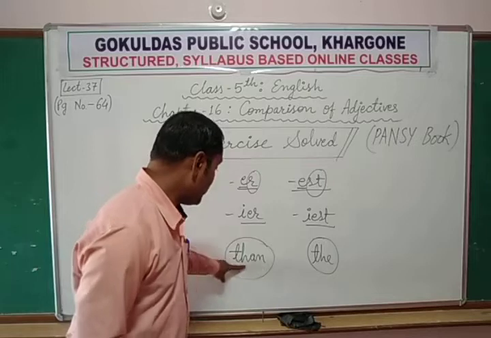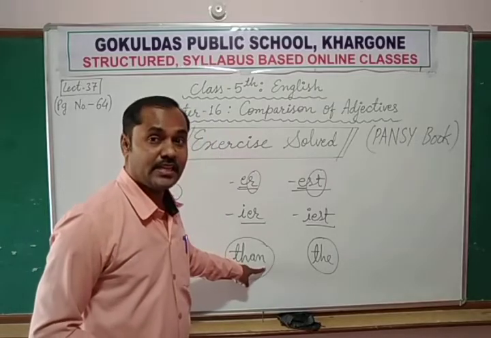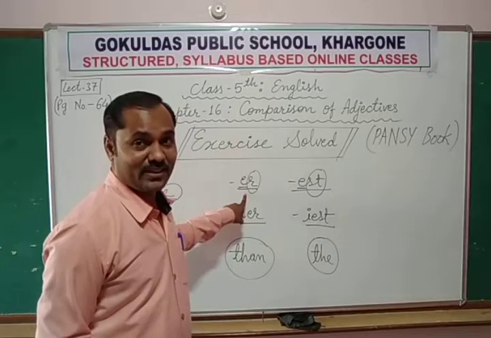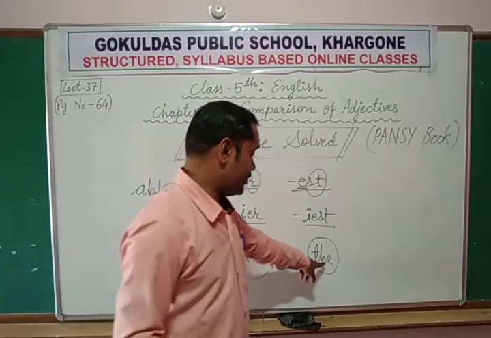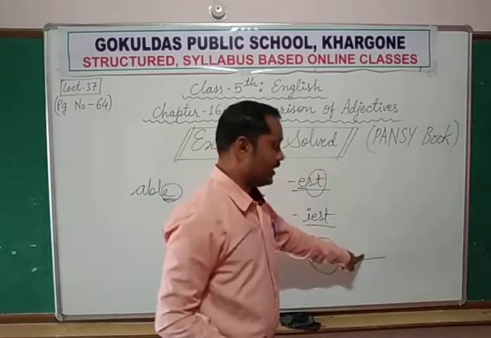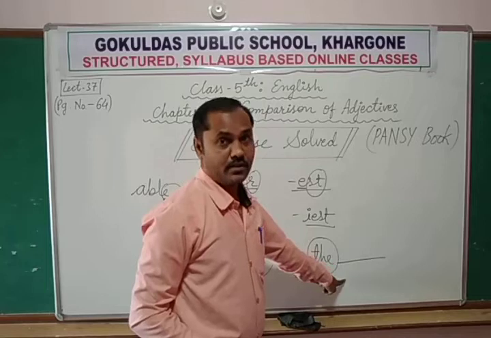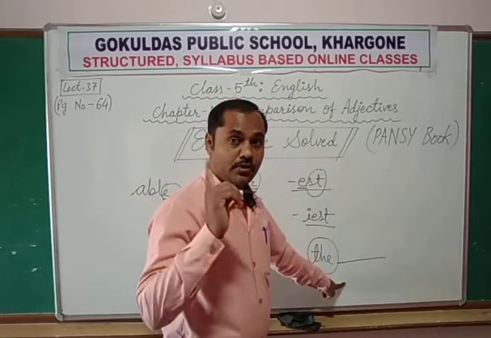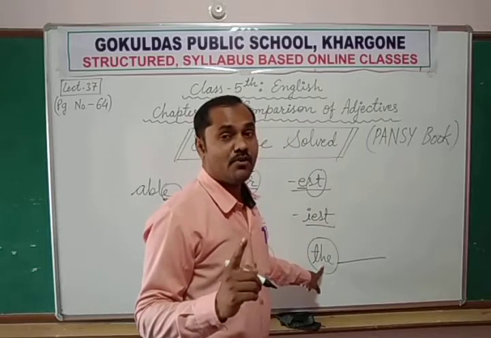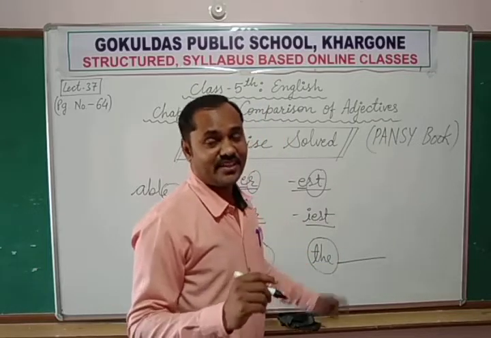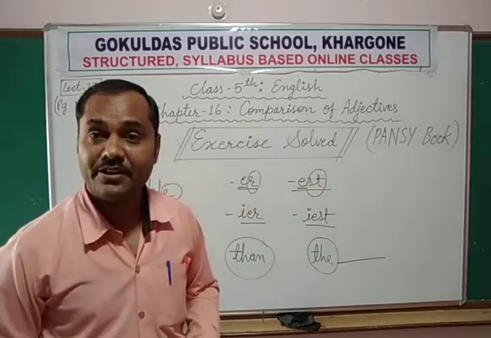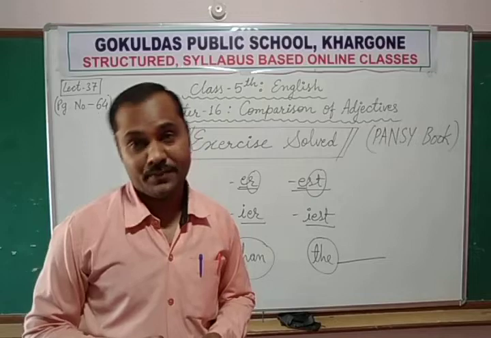If you find the word than in the sentence, it means we have to use the comparative degree. And if the article the is used, and there is a blank space just after the, because we know the rule that just before the superlative degree we always put the article, it means the superlative degree of the adjective will be used.